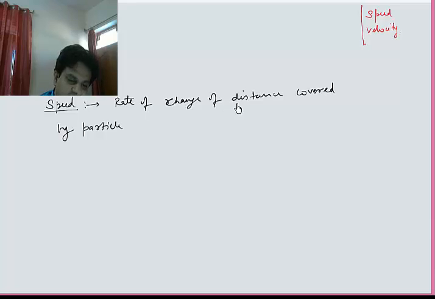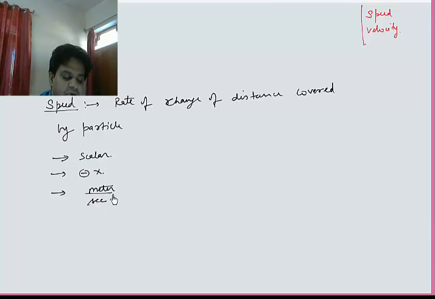So you can say that speed can be defined as the distance covered divided by the time taken by the particle. Speed is a scalar quantity. Speed cannot be negative. SI unit for speed is meter per second, as you all might be knowing.